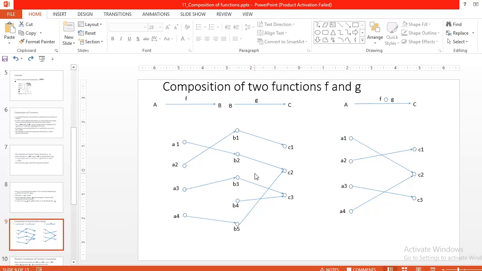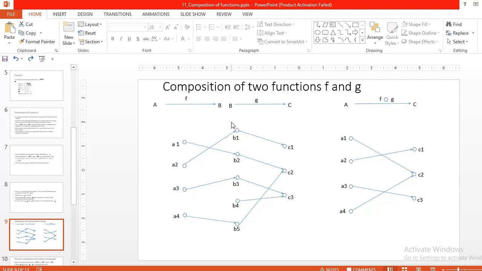So graphically, how can we represent the composition of two functions? See here, the composition of the two functions f and g. The first function is f, which is from A to B. There is another function g, which is from B to C. In the function f, the domain is A and the range is B. In the function g, the domain is B and the range is C. In set A, the domain elements are a1, a2, a3 and a4.